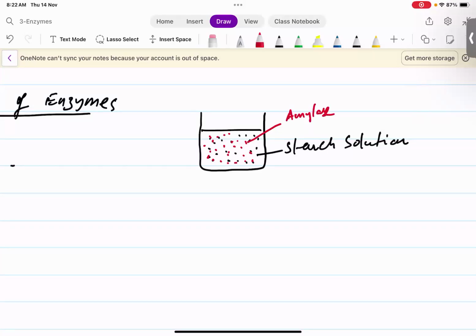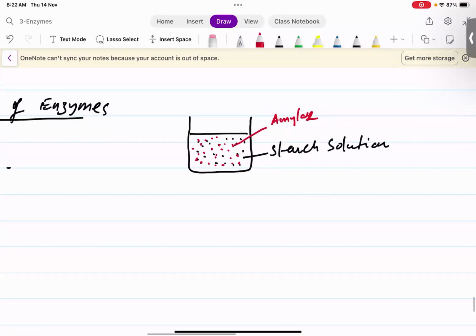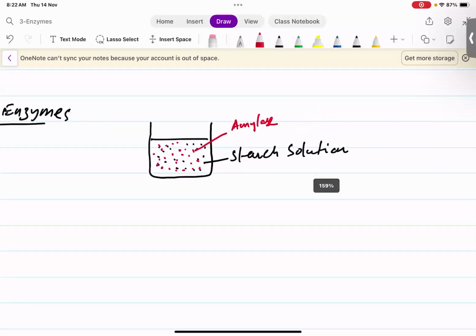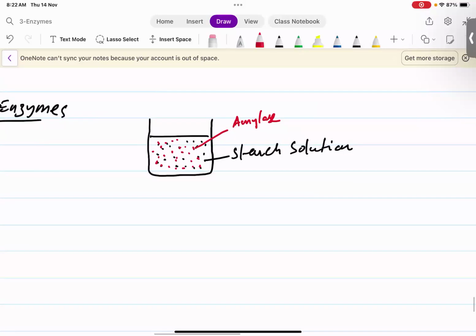So this is the reaction mixture. In this reaction mixture, the amylase molecules are free to move, and they randomly move in this reaction mixture, and substrate and amylase collide with each other. They make enzyme substrate complexes, and the enzymes convert substrate into the products.